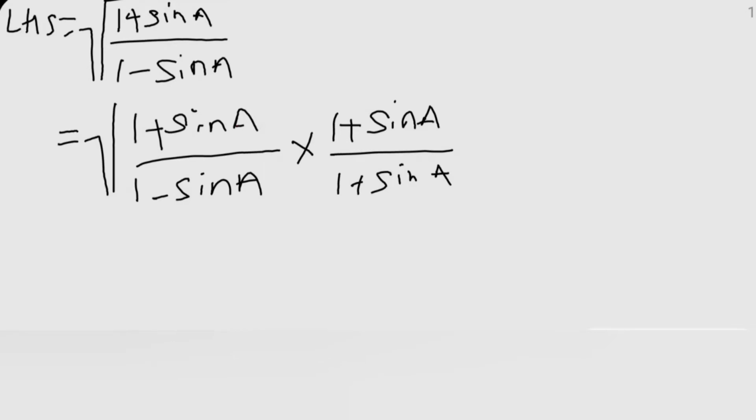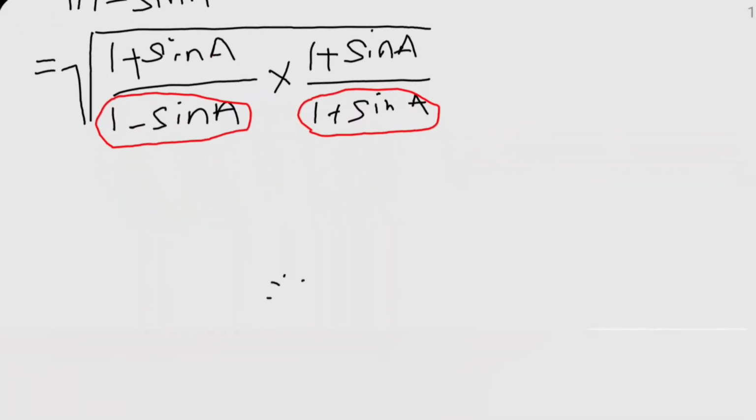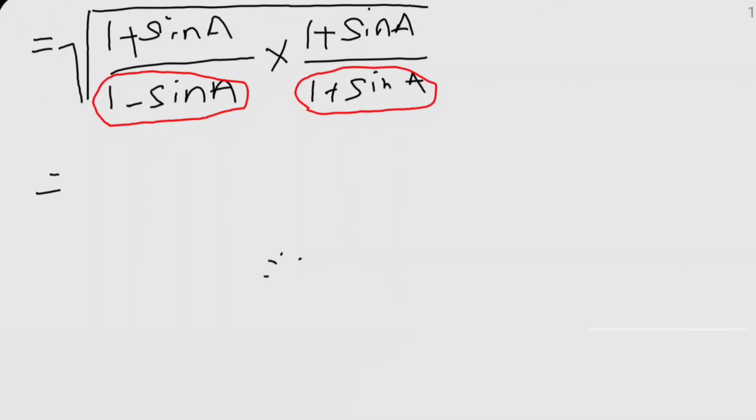See here in the denominator we have 1 minus sin A. The opposite sign is 1 plus sin A. Multiplication and dividing by 1 plus sin A. So this is called rationalize. So now the next step, this is equal to, so see here is 1 plus sin A and here is also 1 plus sin A. These two are multiplied.